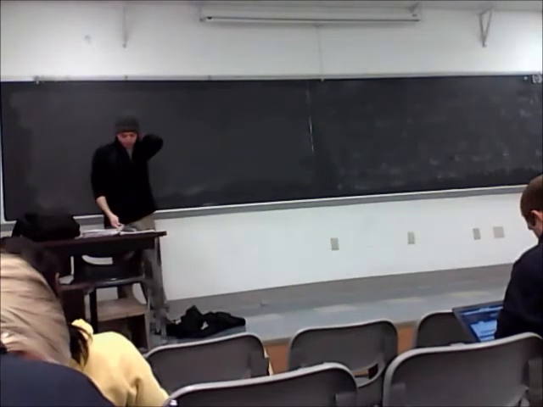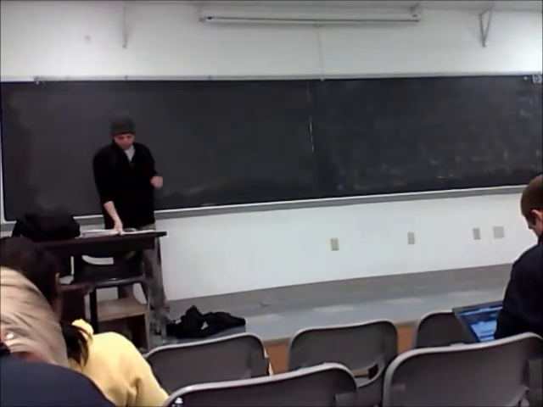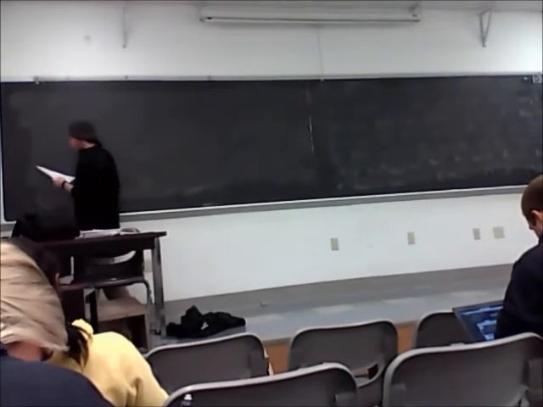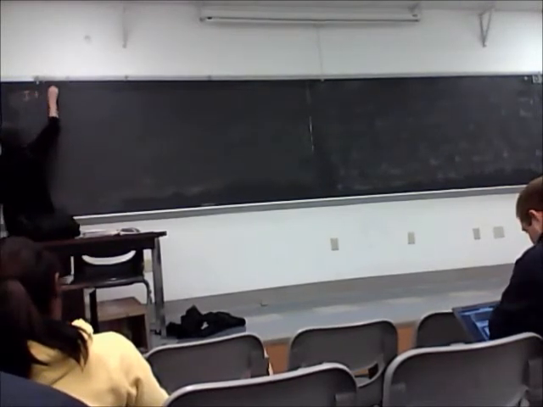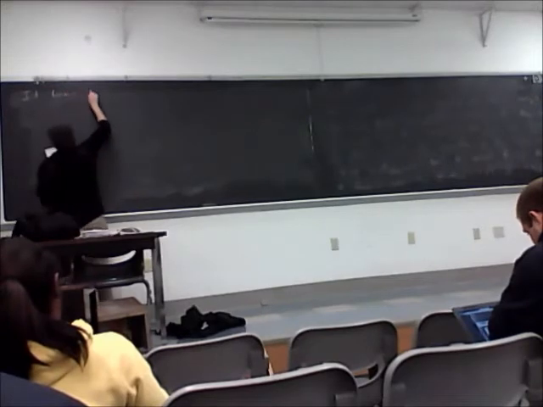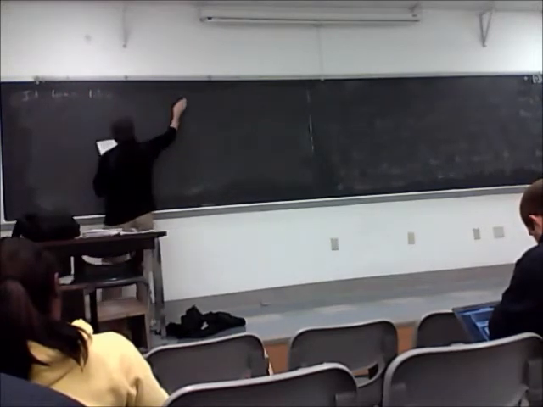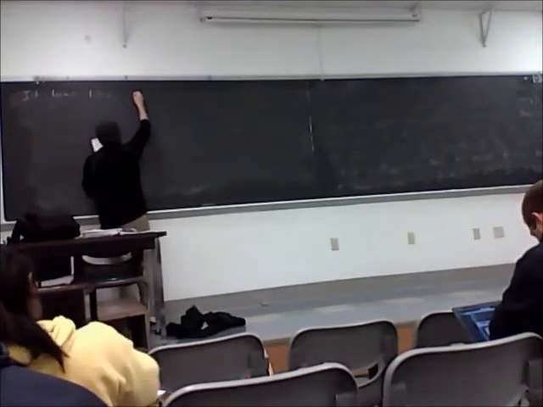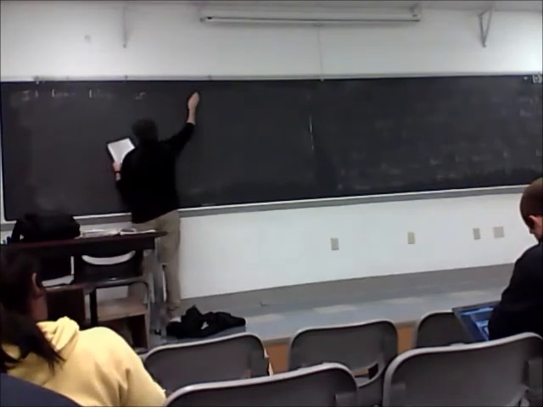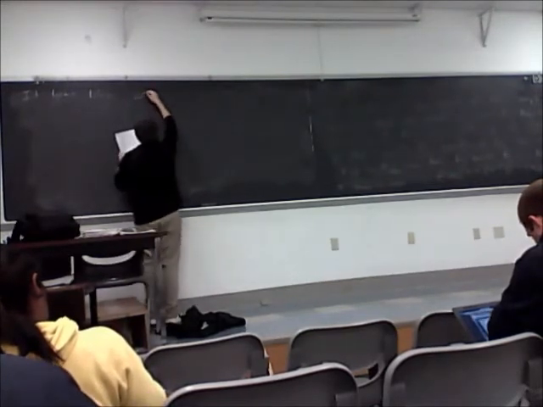You should always think of events as subsets of the sample space. So it looks like this in general. You'll have an outcome, little omega.